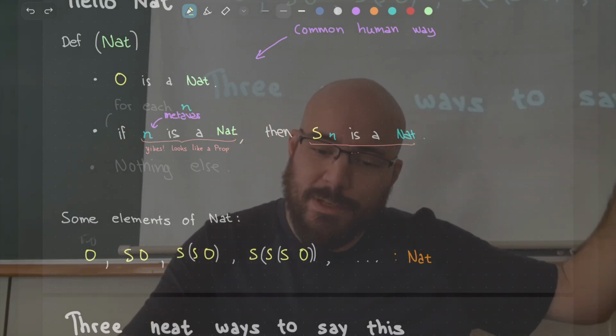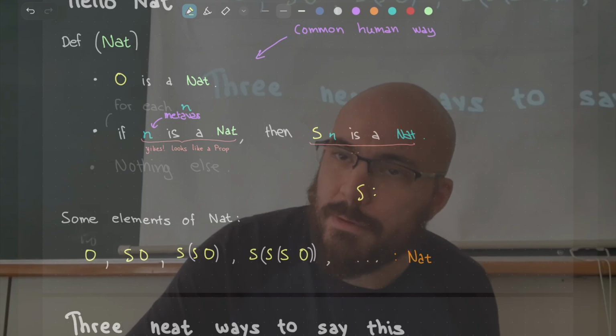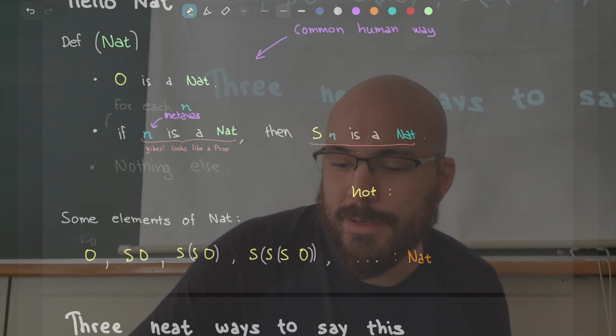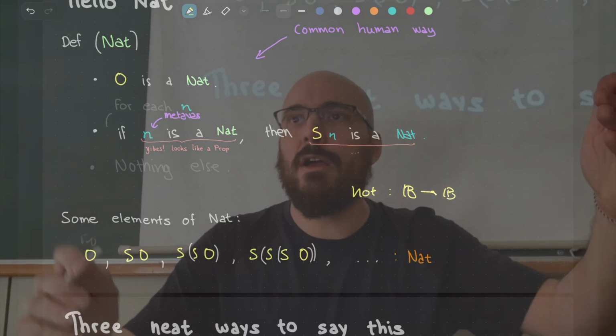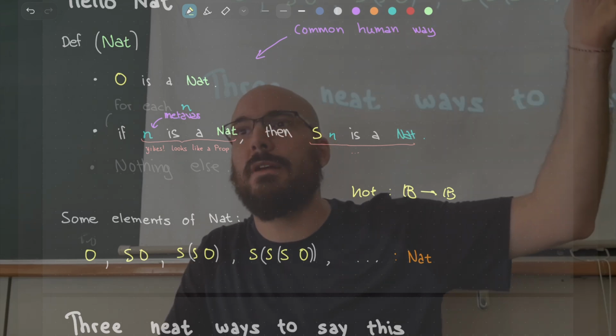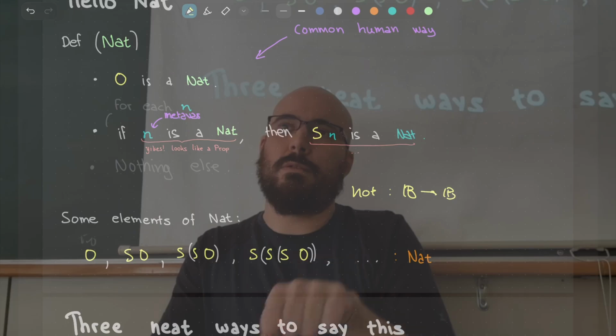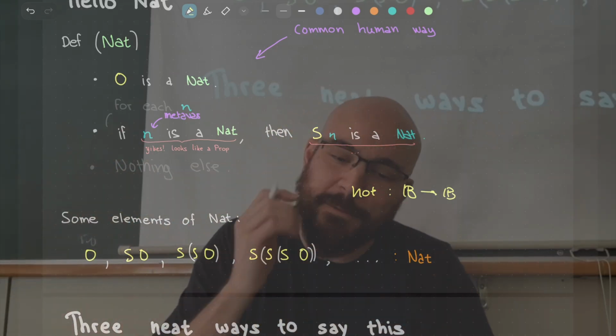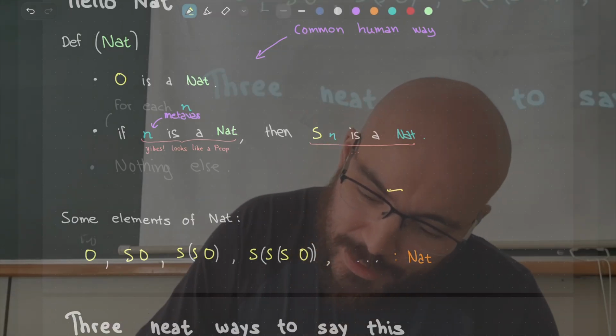If I did the same thing on true and I introduced another, let's call it not, as a possible constructor from B to B, what I have defined here is a different version of the natural numbers, because now true is then not true, not not true, and so on. So it makes sense, I hope.